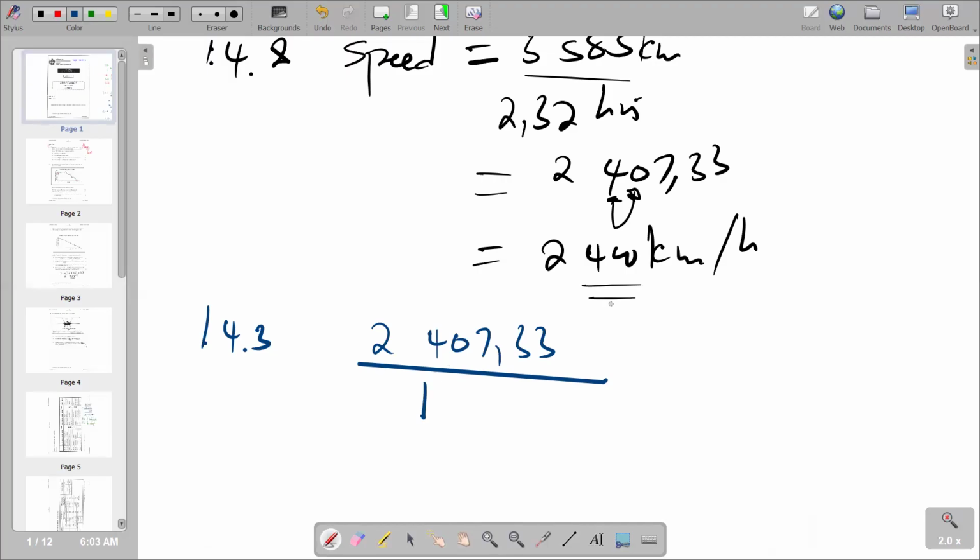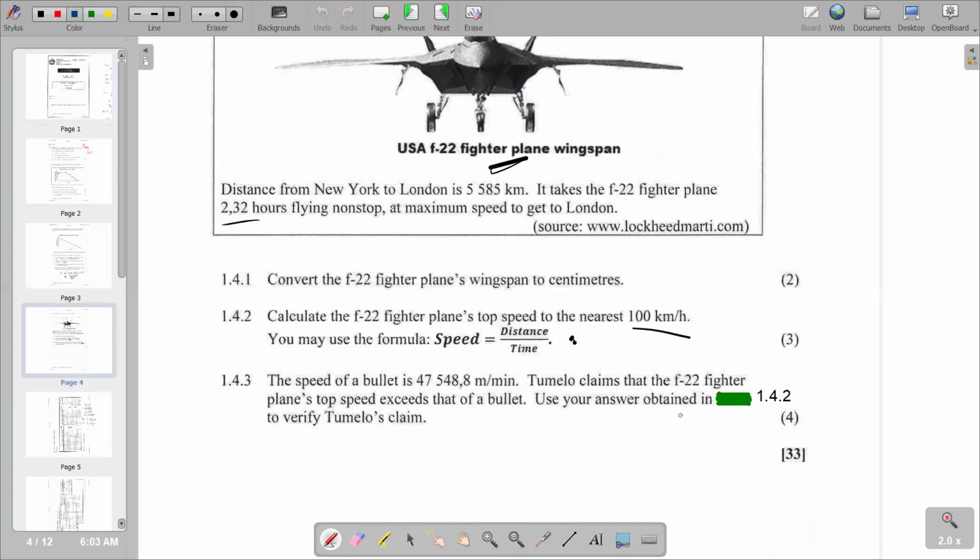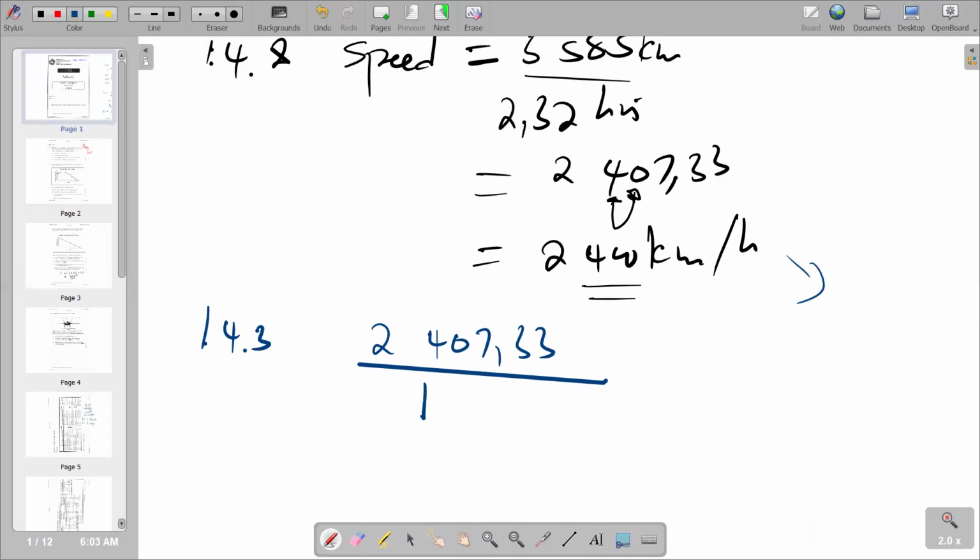So we convert kilometers to meters. Remember, we are supposed to convert to meters per minute. So basically, our 2,407.33 kilometers to meters.